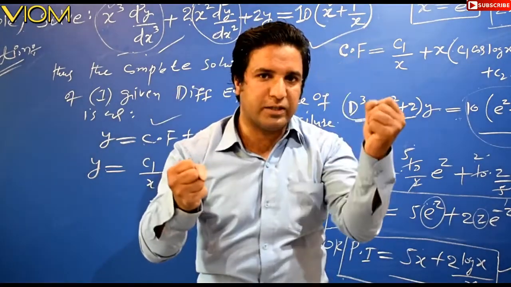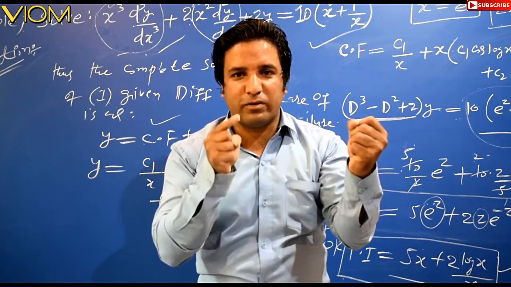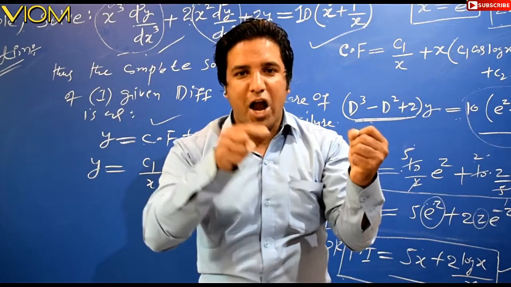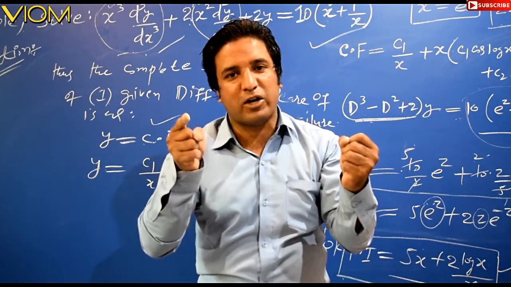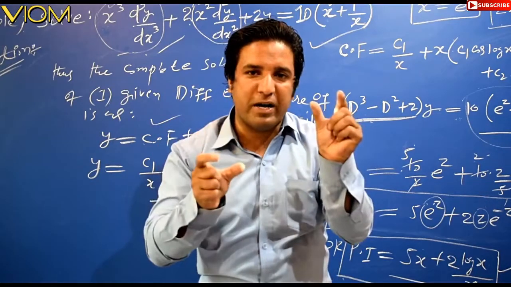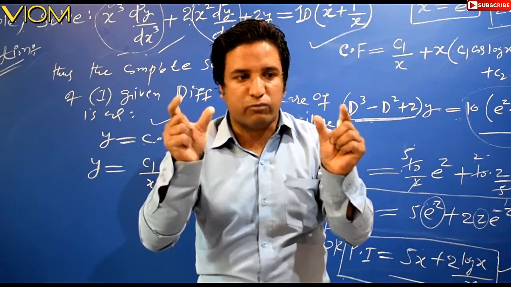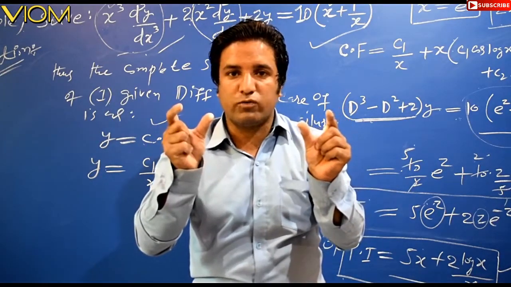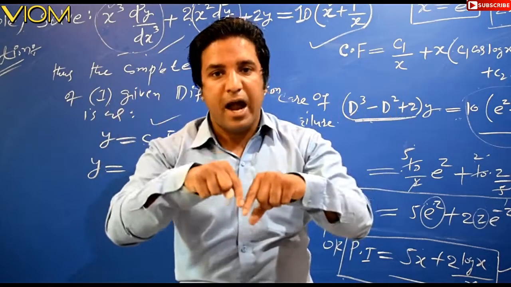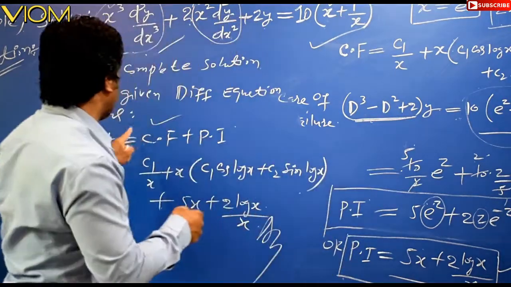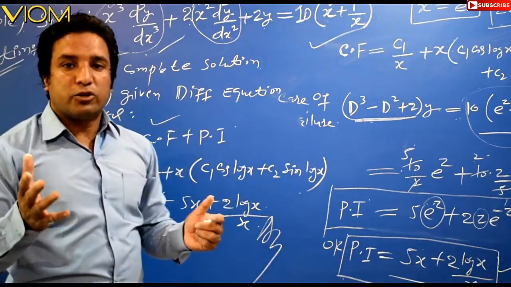Variable coefficients are converted into constant coefficients and solved, finding the solution by taking y equal to complementary function plus particular integral. We find the complementary function and particular integral first in terms of z, convert them in terms of x, and add both here. So this is the required solution.